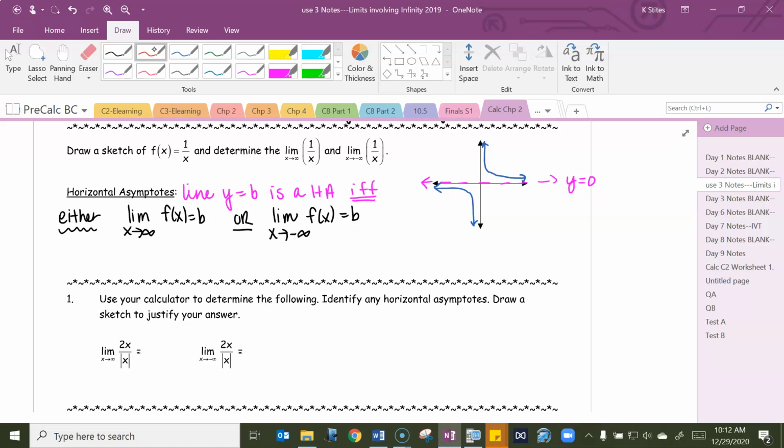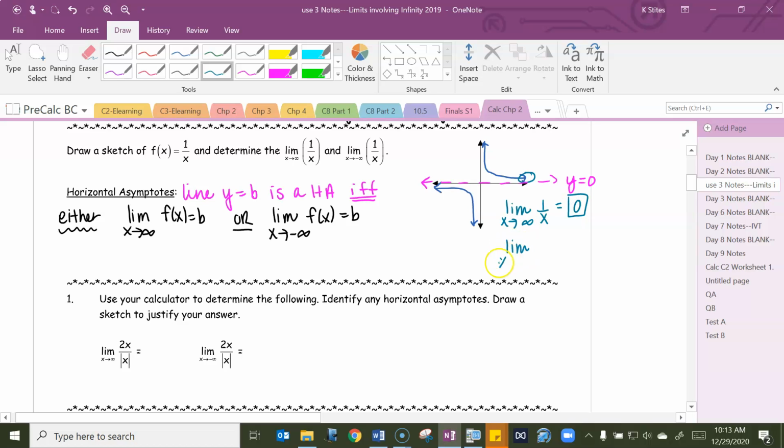So if you take a look, as x approaches infinity, our limit is 0.